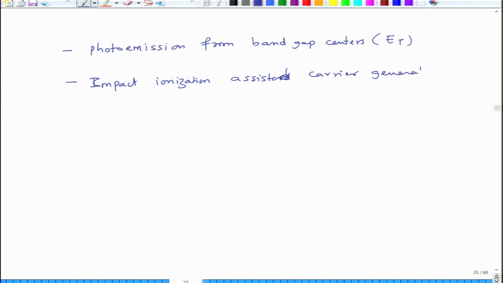Again, if you want to read more about these, go to the same book which I recommended, Advanced Semiconductor Fundamentals by Pierret. So these are the main methods of recombination and generation.